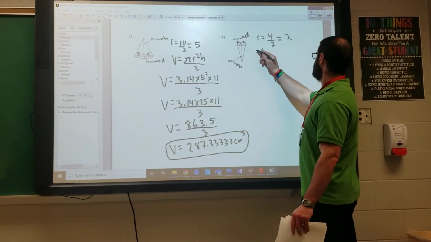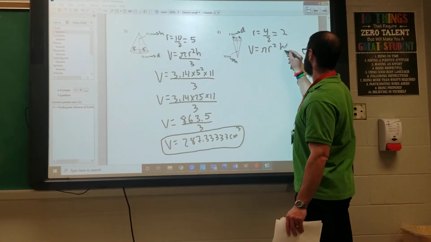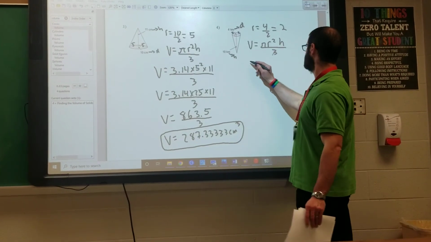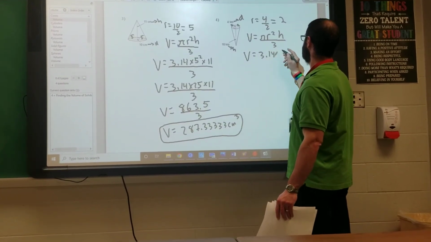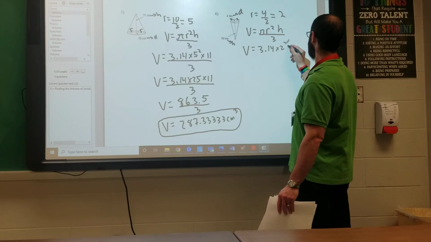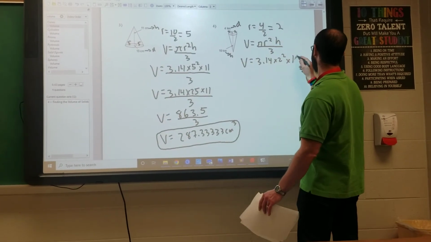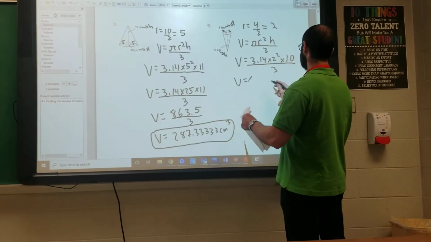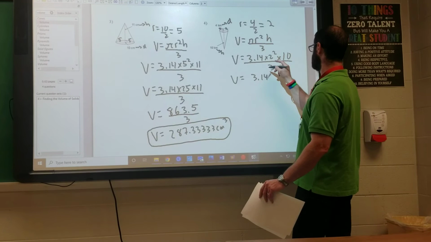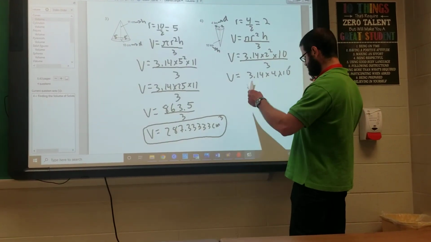Okay, so I'll go back to my formula. Volume equals pi times radius squared times height over 3. Plug everything in. 3.14 times 2 squared, because we said radius is 2, times the height, which is 10, all over 3. 2 squared is 4, so 3.14 times 4 times 10.